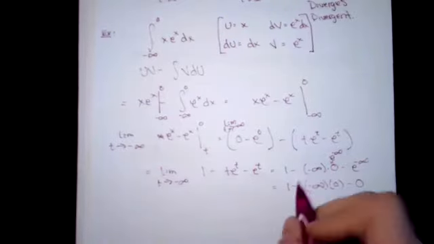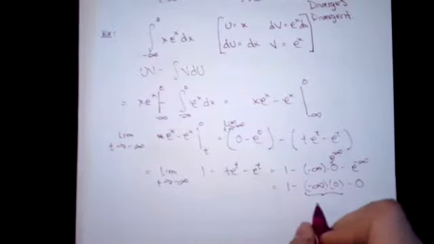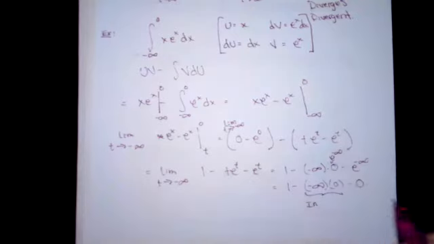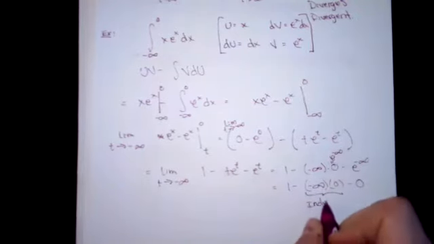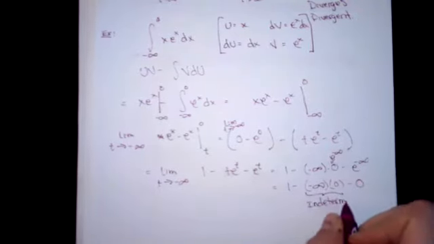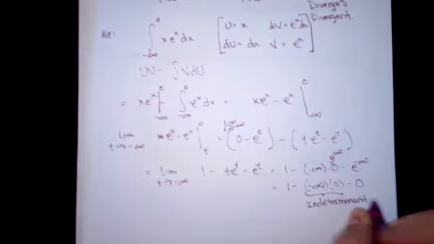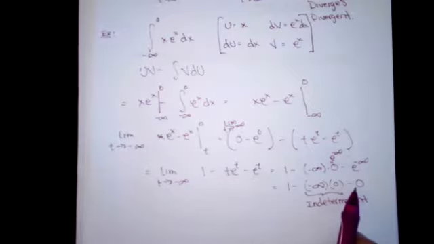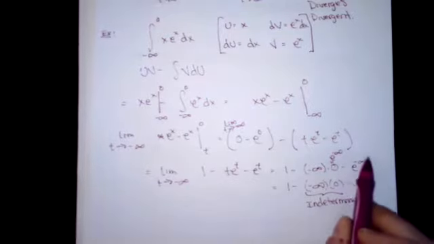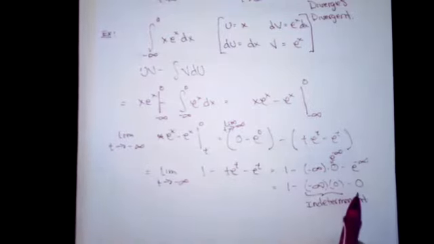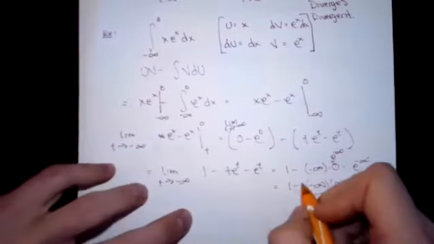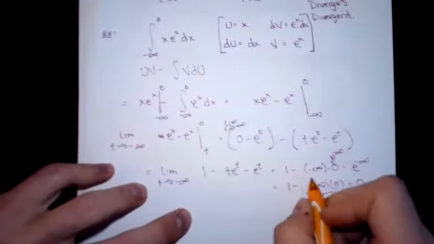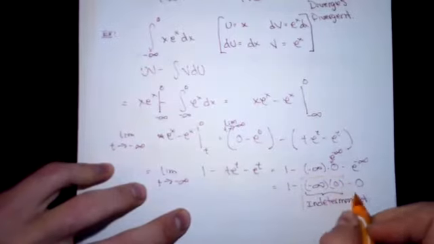And it's this guy that's a problem. This is our indeterminate. The 1 is a constant, I can keep the 1 there. I can keep this 0 there. That's a finite value. It's the indeterminate part that we have to mess with.